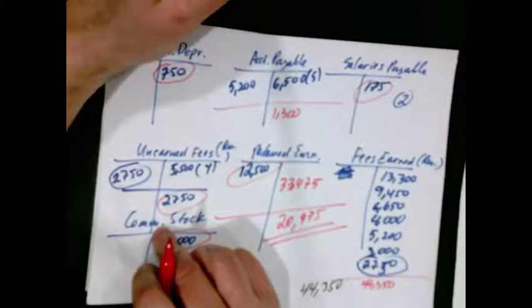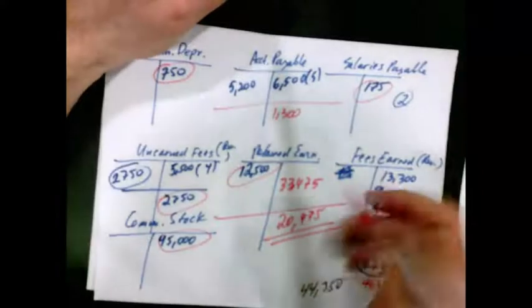The last step, of course, is simply the preparation of the retained earnings statement. We have that straight from the retained earnings T account, which is right here. The beginning retained earnings was 0, net income was 33,475, and dividends were 12,500. So you can simply type that out.